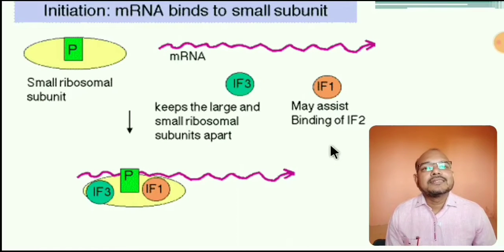The basic process proceeds through initiation, elongation and termination. In initiation, the mRNA binds to the small ribosomal subunit. Initiation factors 1, 2 and 3 keep the large and small ribosomal subunits apart. When initiation factor 2 binds, initiation of protein synthesis gets started.